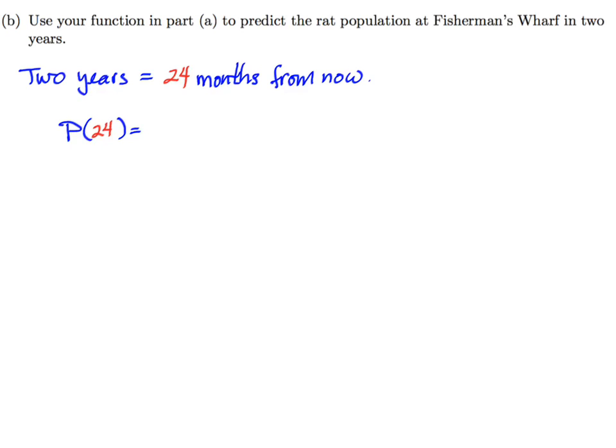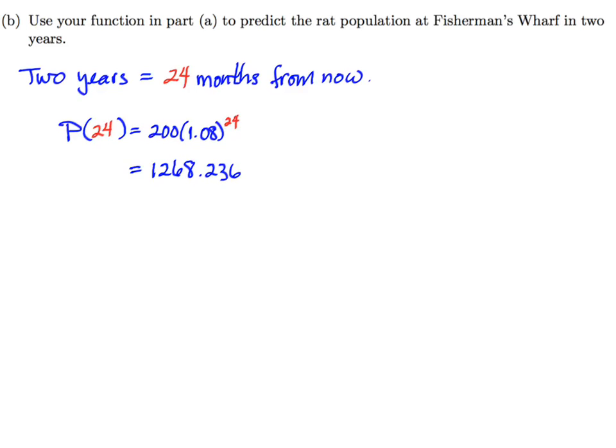So P of 24 is 200 rats times 1.08 to the 24. So we put in the calculator 1.08, raise it to the exponent 24, and leave that number in your calculator and just multiply it by 200. And we get some decimal.